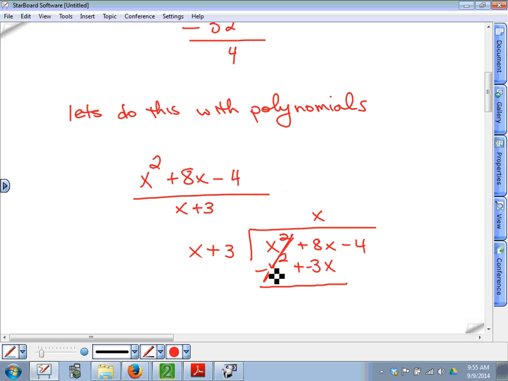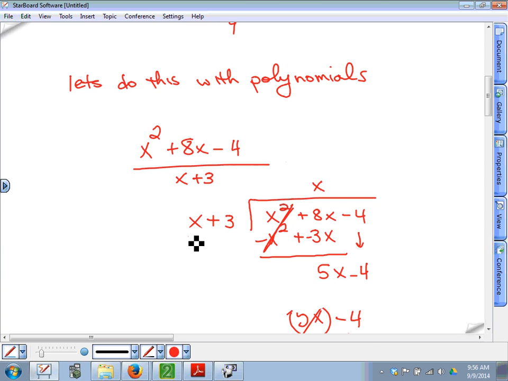But because you crossed out the x squared term, now we're just dividing into 5x, you drop down the minus 4, so now we're just dividing into 5x minus 4. The process starts over now. And again, it's only the first term here compared to the first term here. So how many times does x go into 5x?